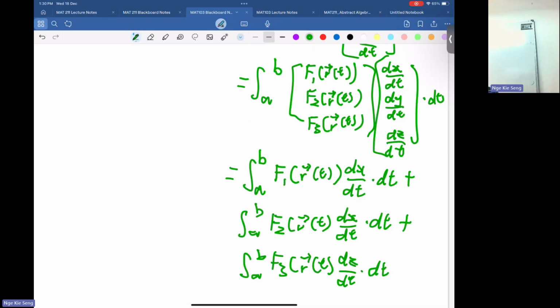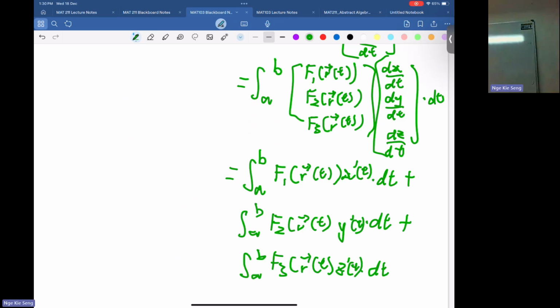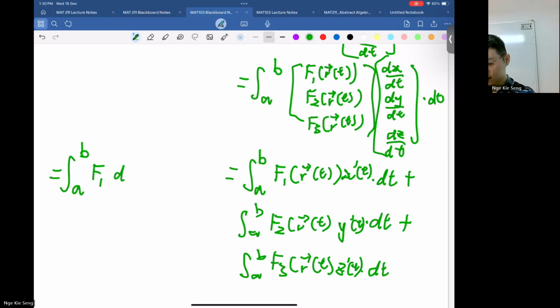But what are these? Maybe you are not familiar with this dx/dt notation. Maybe I change it to this, and you will be more familiar. What are these? These are the integrals with respect to x, y, and z.